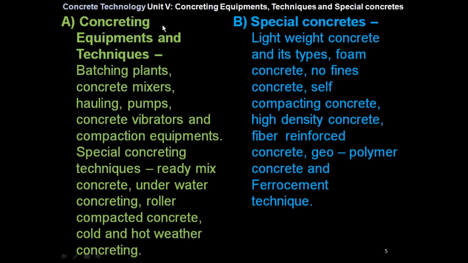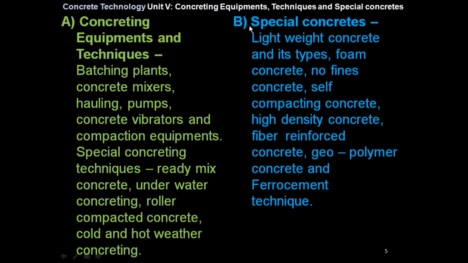This is the syllabus of Unit 5, Concreting Equipment, Techniques and Special Concrete. It has Part A, Concreting Equipments and Techniques, which include batching plant, concrete mixers, hauling, pumps, concrete vibrators and compaction equipment. Special concreting techniques: ready mix concrete, underwater concreting, roller compacted concrete, cold and hot weather concreting.